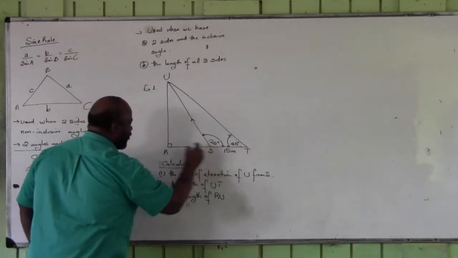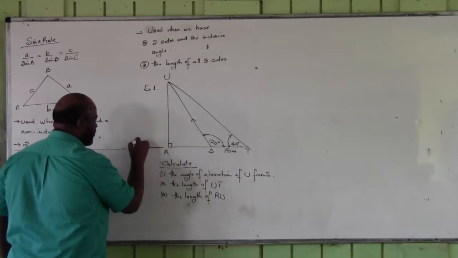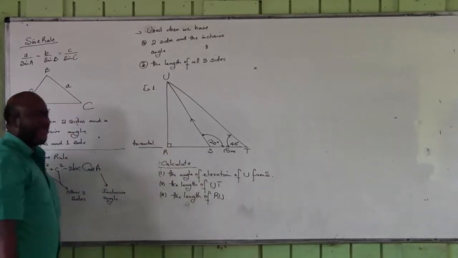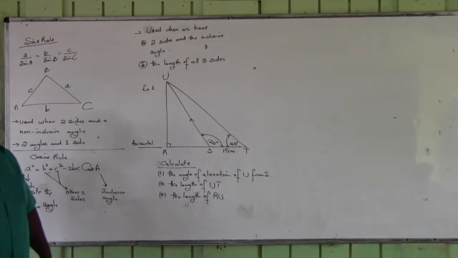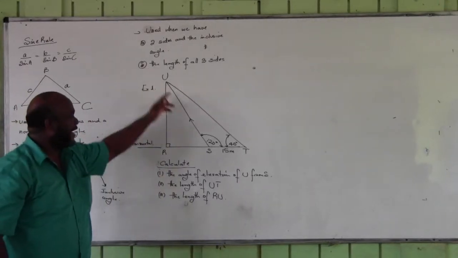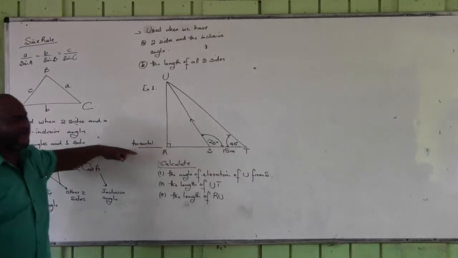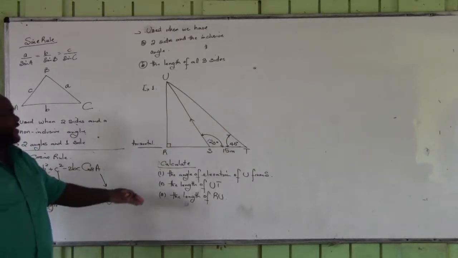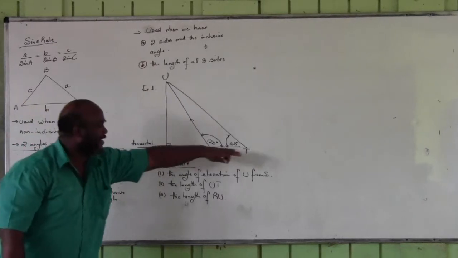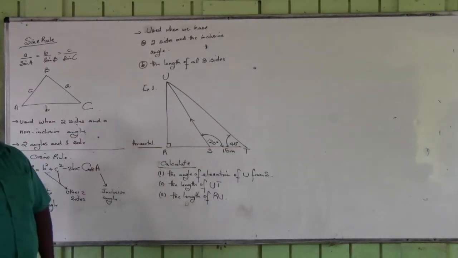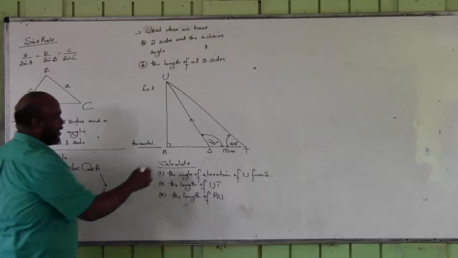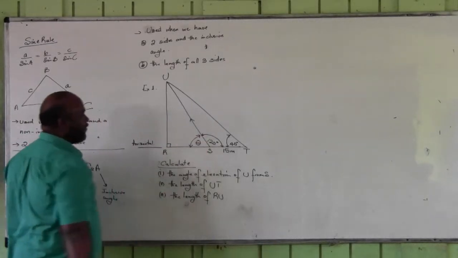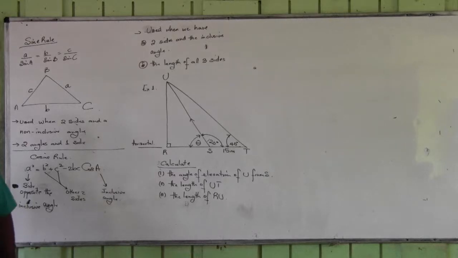This line here represents the horizontal. Ladies and gentlemen, angle of elevation is the angle between the line of sight and the horizontal when you're looking up. This angle here represents the angle of elevation of U from S.